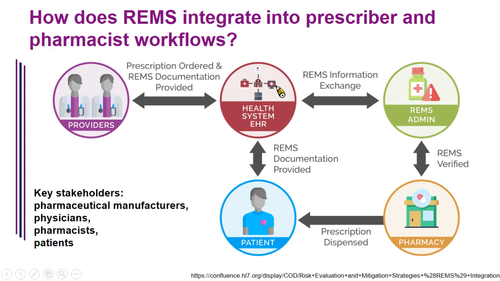When a physician or provider wants to provide a patient such medication, that order has to be uploaded from the healthcare system to the REMS, and has to be documented and provided.